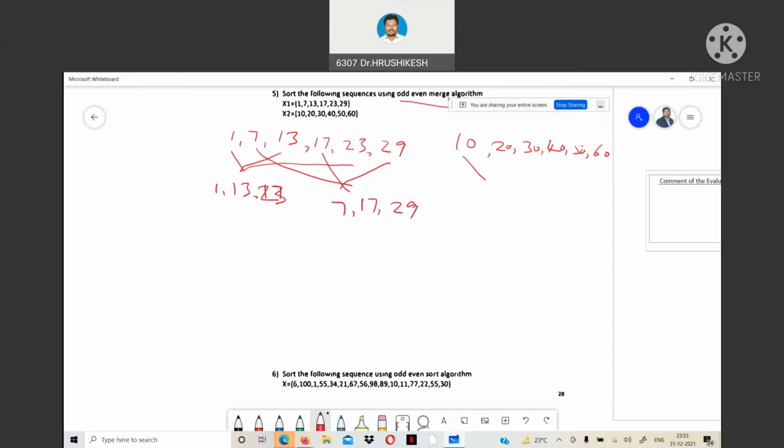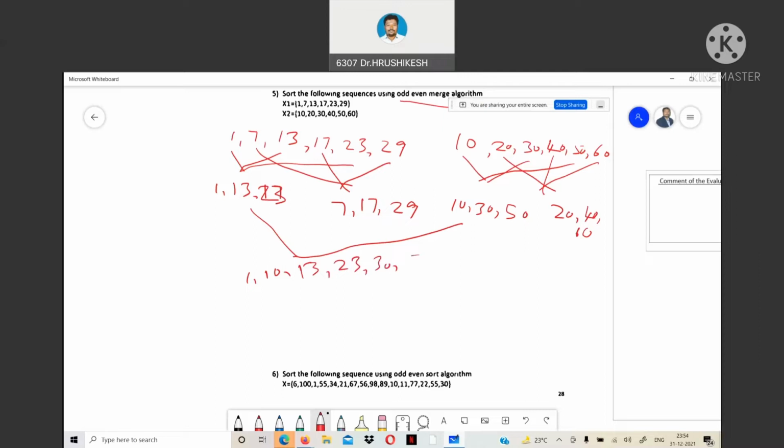Similarly here, odd index elements 10, 30, 50, and another set, even index elements 20, 40, 60. Now the odd from x1 and odd from x2 are merged and integrated into one array, and the elements should be in standard order: 1, 10, 13, 23, 30, 50.